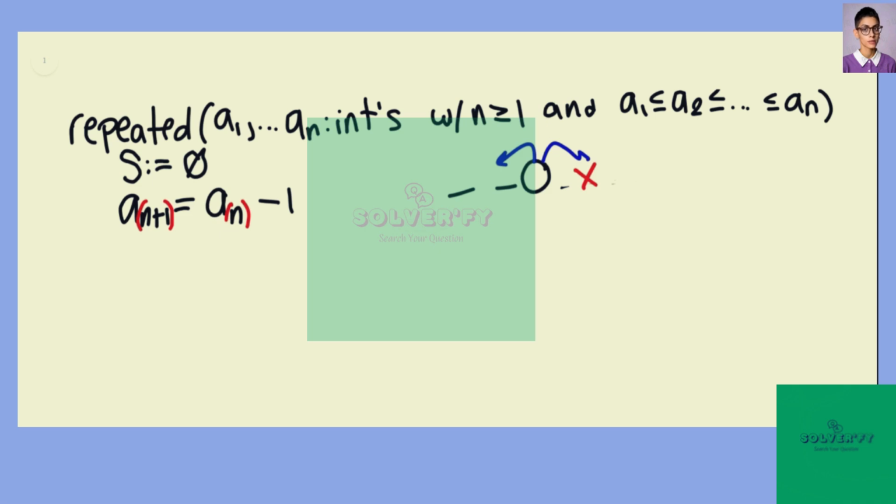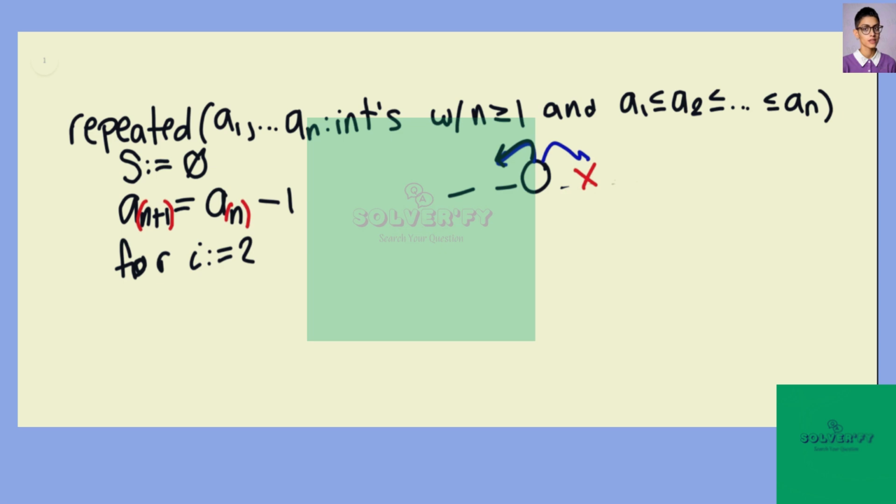Okay, so now that we've initialized these elements, we're going to run through the list, right? So for i, and it's going to actually start at the second index, right? And it does that because, again, we're comparing to the previous items in the list.